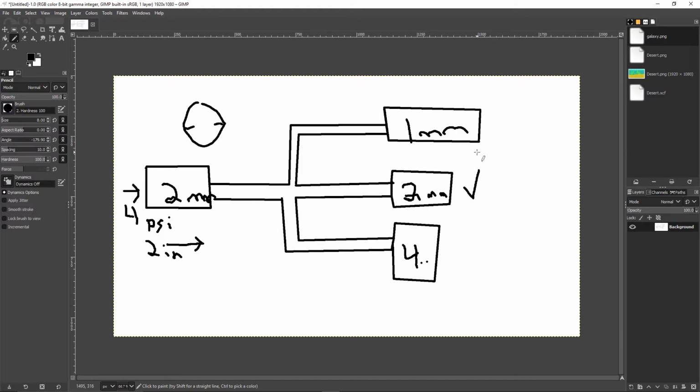Now, this gets more fun. If it is a smaller bore, I have less surface area for the hydraulic fluid to press against. Is it going to increase the amount of force or have less force? It's going to have less, so we'll just divide. 1 is half of 2, so half of 4 is, this will end up only receiving about 2 psi of force.